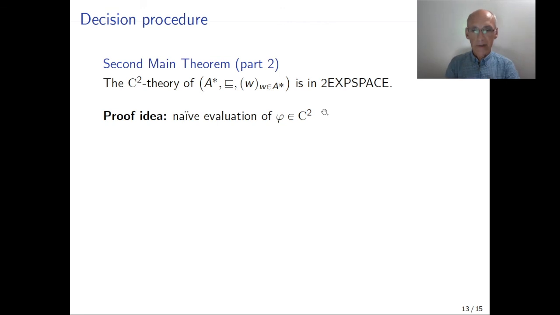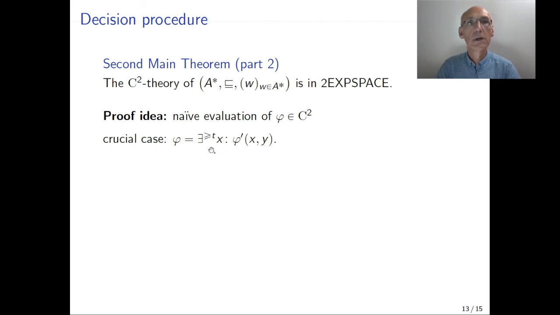So when we have a conjunction, we evaluate the two subformulas and dive into the formula. And the crucial case is what happens if the formula phi starts with a threshold counting quantifier, or actually any quantifier. Then we would have to check or count the number of words x that satisfy phi dash.